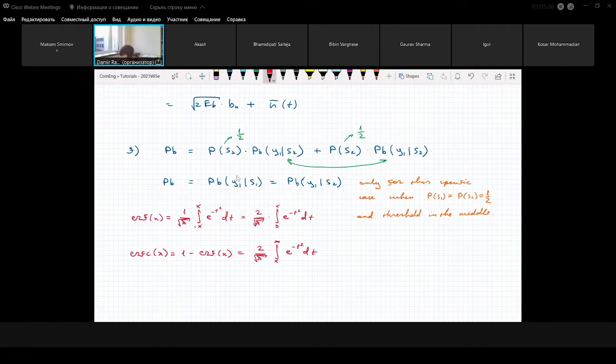So we need to represent the integral in terms of the error function to find the probability of bit error analytically.